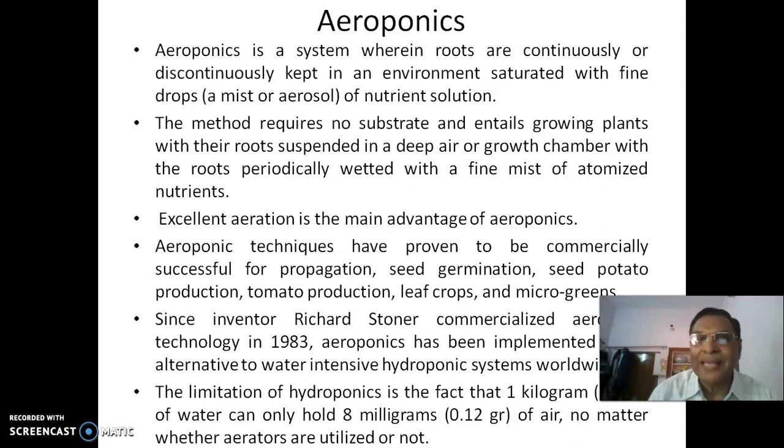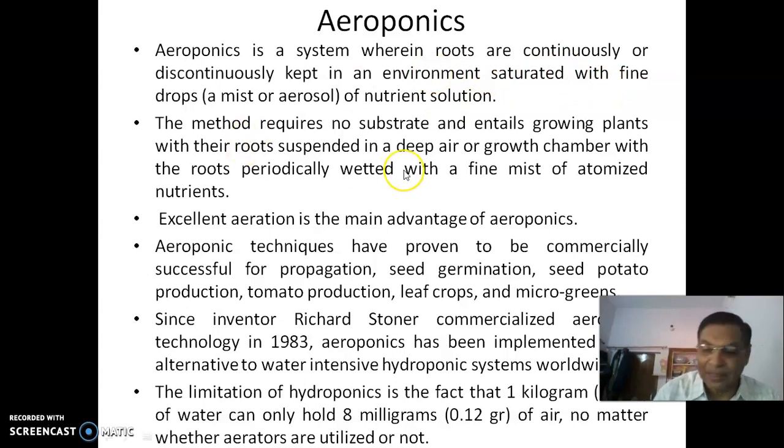Aeroponics is a system wherein roots are continuously or discontinuously kept in an environment saturated with fine drops, almost like a mist or aerosol, of nutrient solution. This nutrient solution is sprayed instead of having any inert material around the root zone.